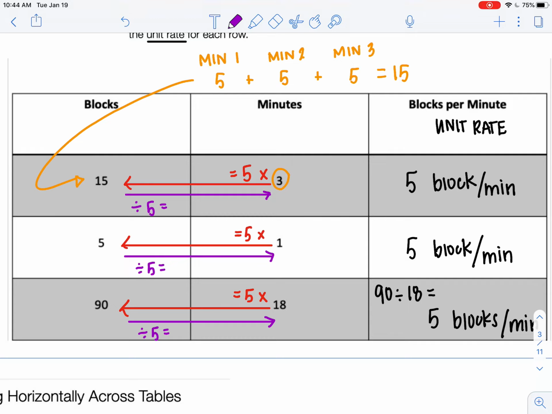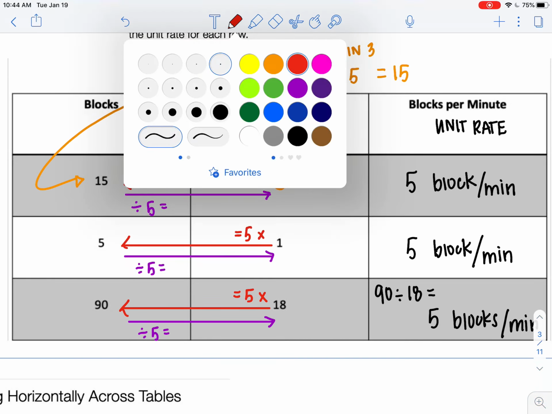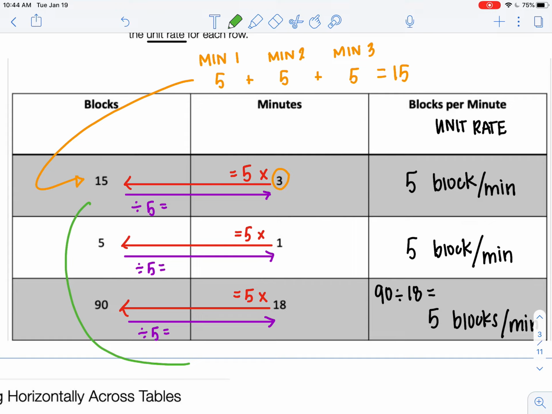Now, again, this makes a whole lot of sense because if we just use 15 as an example again, right? Let's take it down here to where I have some space. I'm taking 15 blocks and I'm splitting it up into 5 blocks.